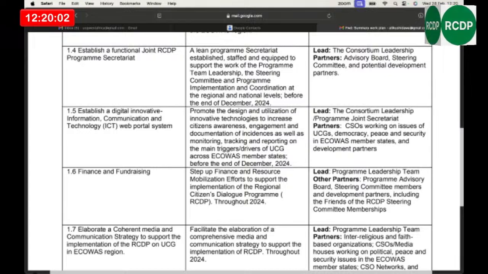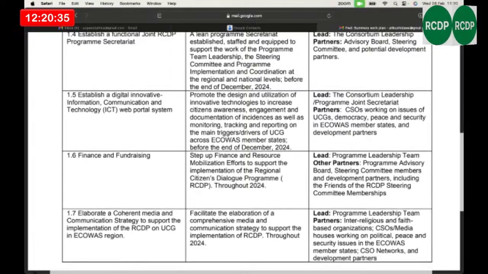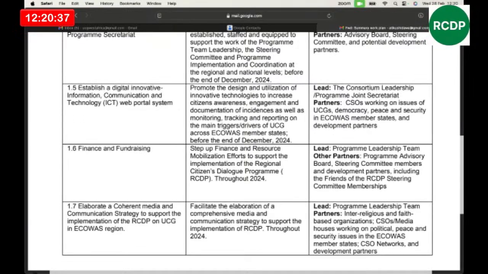This is necessary for communicating with various partners in the region for quick action, especially when we think about the fact that one of the core pillars of this initiative is really on the preventive side, which means that we need to have a very effective communication system that will alert the Secretariat and the leadership of the program to take preventive action as soon as certain triggers are seen in a particular member state or in a particular space.